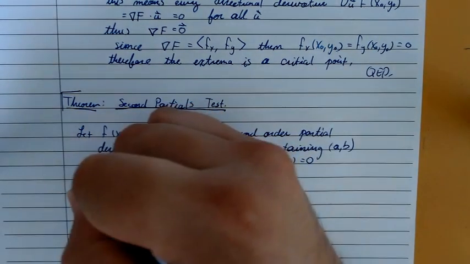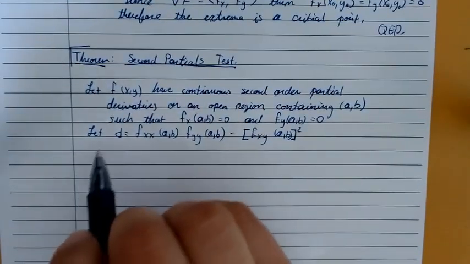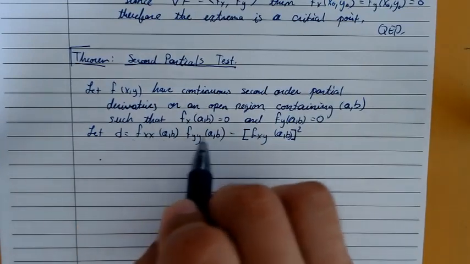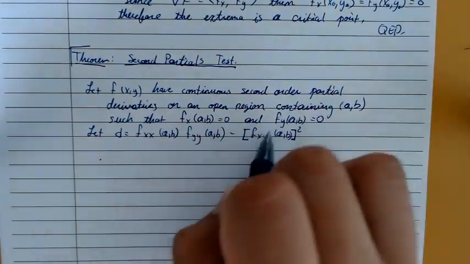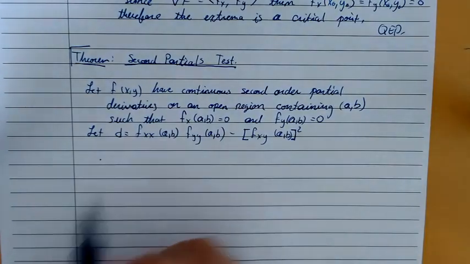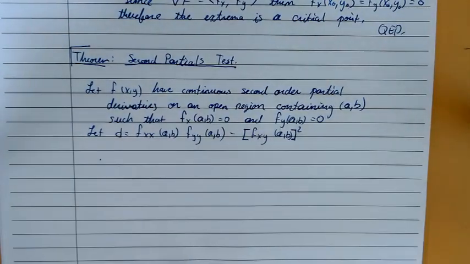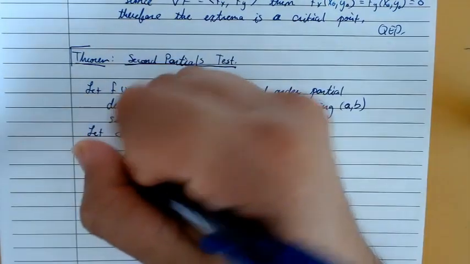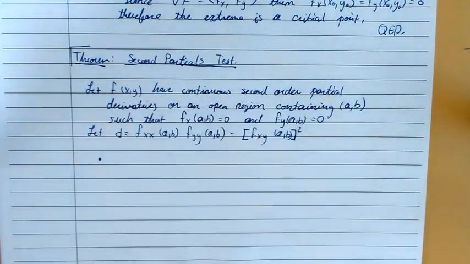If you define D as the product of these two minus the square of this one, it's going to give you a number, assuming you've plugged in your point. Then the following possibilities may arise.